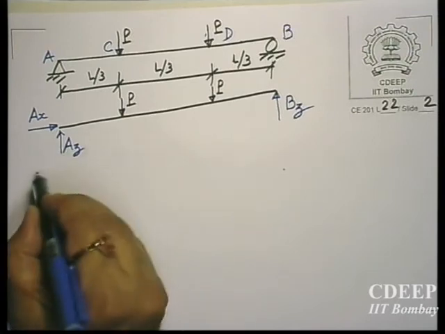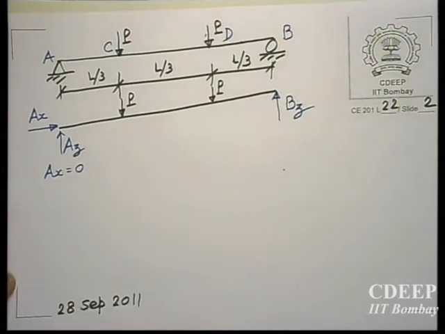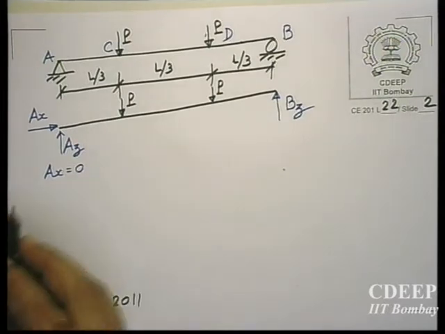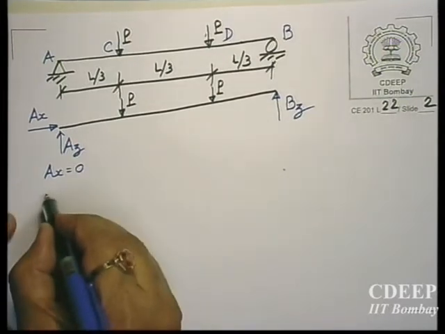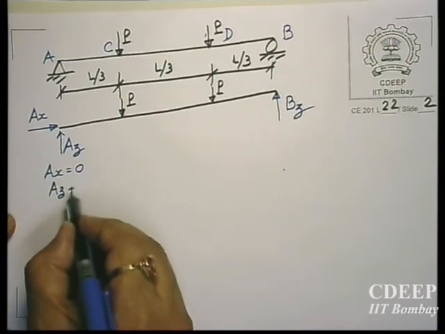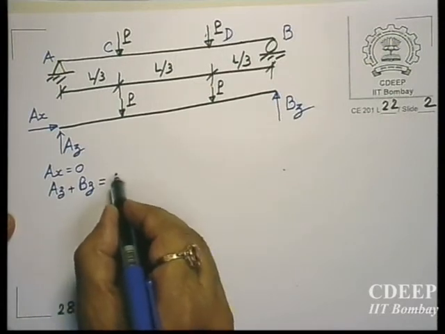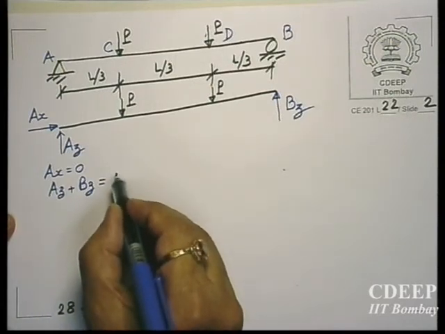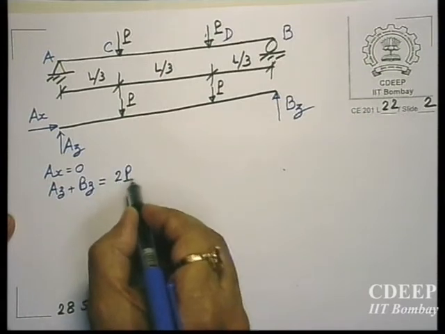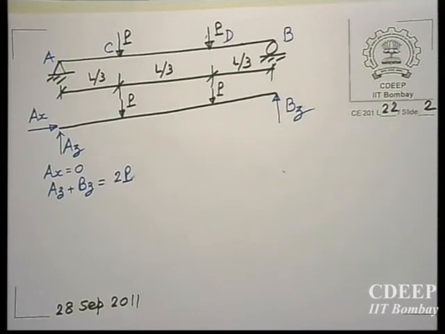So we get, if you sum all the forces in X direction, AX equal to 0. If you sum all forces in vertical direction, we get AZ plus BZ equal to 2P, yes, but these are in the opposite direction.